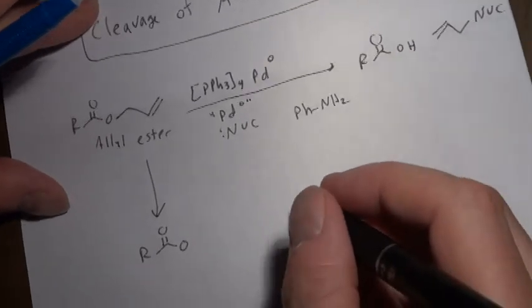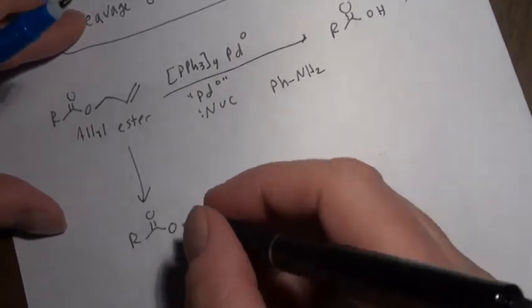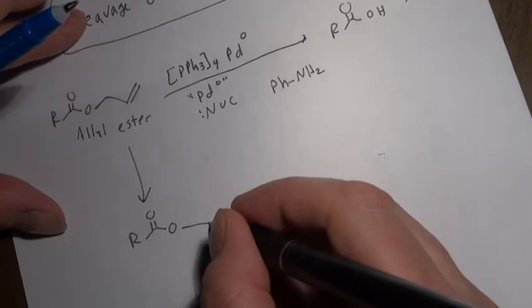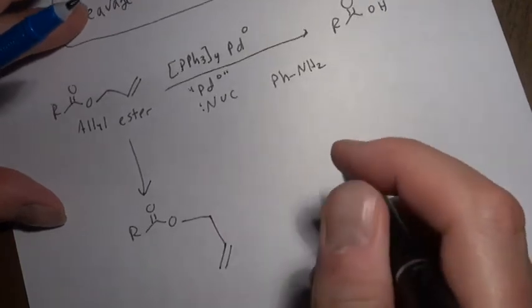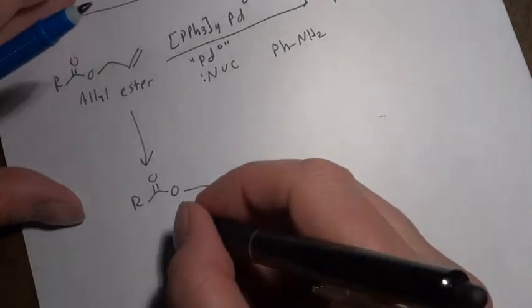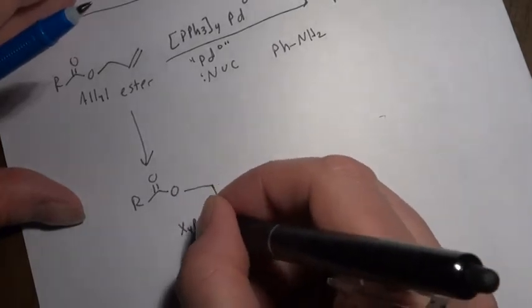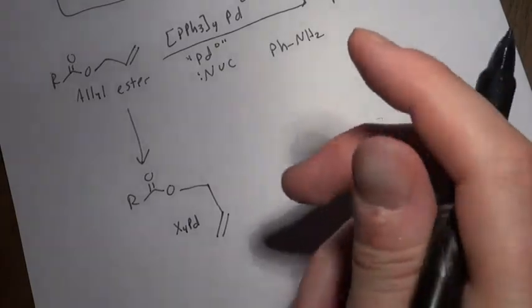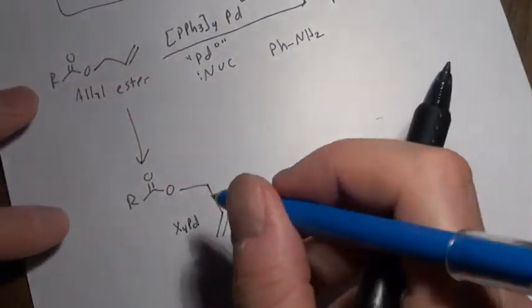You're going to start with your ester. It's an allyl ester, right? And we're going to draw the allyl group poking down like that, and the x4 palladium is sitting there near the allyl ester. I'm just going to do 3 dots.